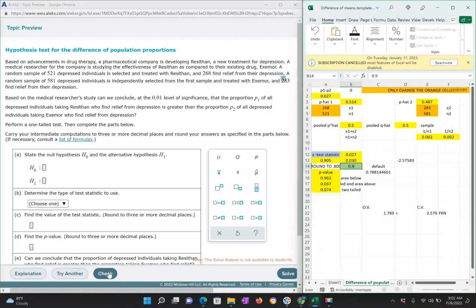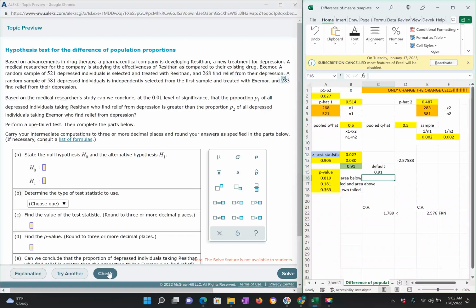I would debate 0.910. I'm going to go with 0.910. What do you think about the test statistic? So we're going to round it. Okay, so that's just a note. So our default is going to equal this number rounded.